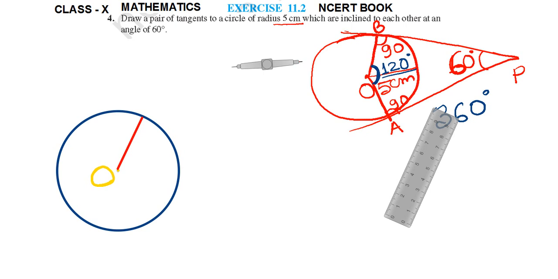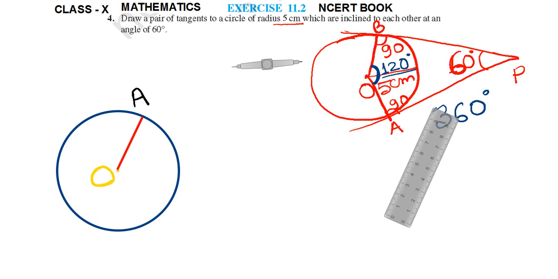Suppose it is intersecting the circle at A. Now we will have to draw an angle of measurement 120 degree at center O.